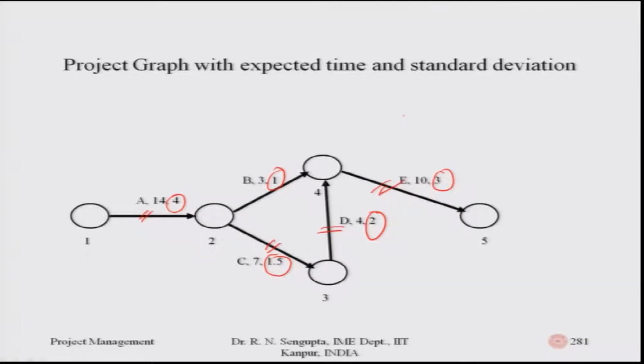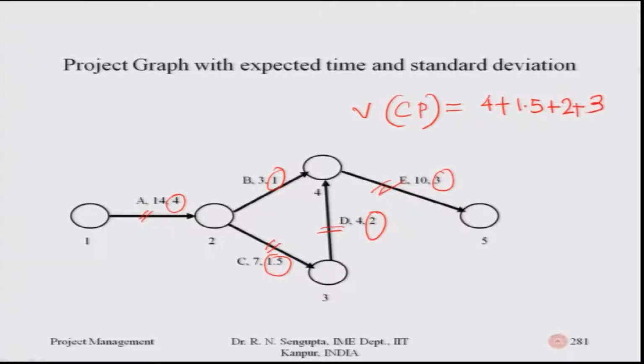So the overall variance for the critical path, where V is the variance and Cp is the critical path, would be 4 plus 1.5 plus 2 plus 3.